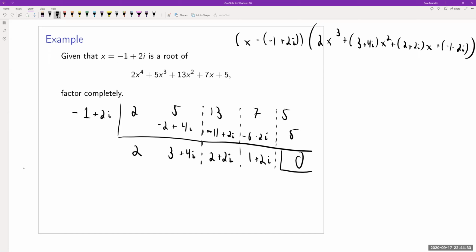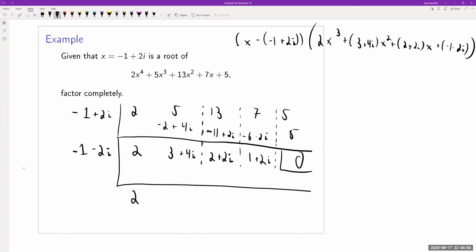I know immediately what my next thing to factor is going to be. It's going to be negative 1 minus 2i is definitely going to be my next choice, because if the original one was a factor, so too should this be. So let's bring it down.